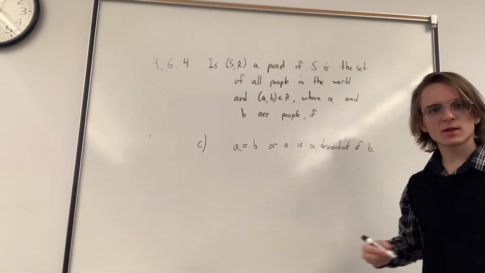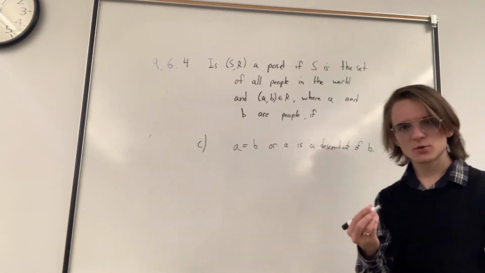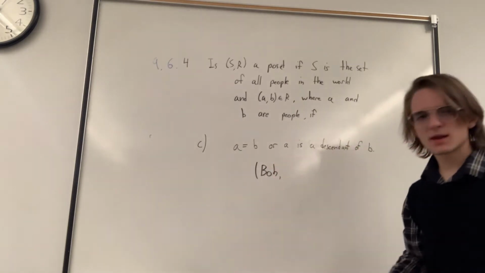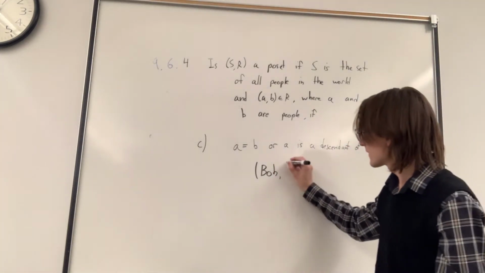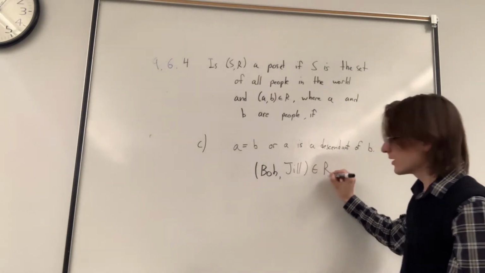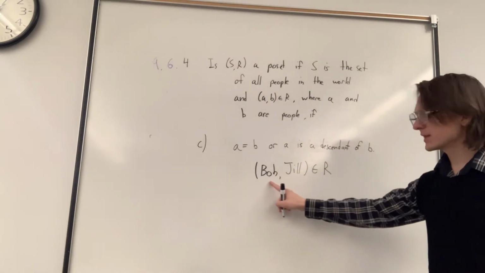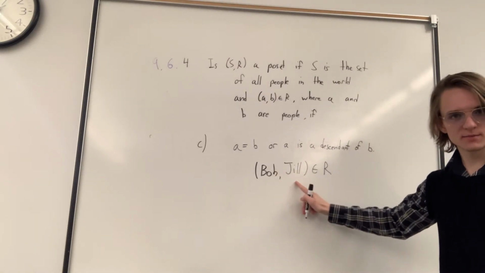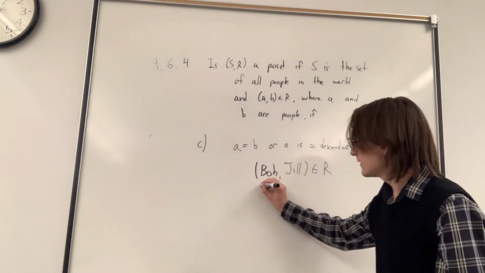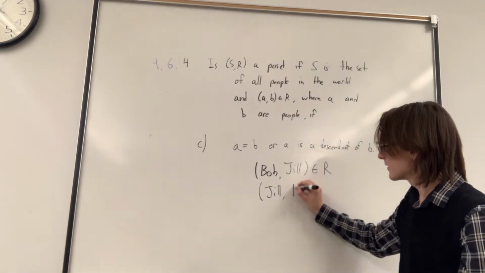So let's plug in some names for A and B. Let's say that we have Bob, who is A, and maybe Jill, who is B. Now if Bob and Jill are in the relationship, that is to say that Bob is a descendant of Jill, then this should imply that Jill is not a descendant of Bob.